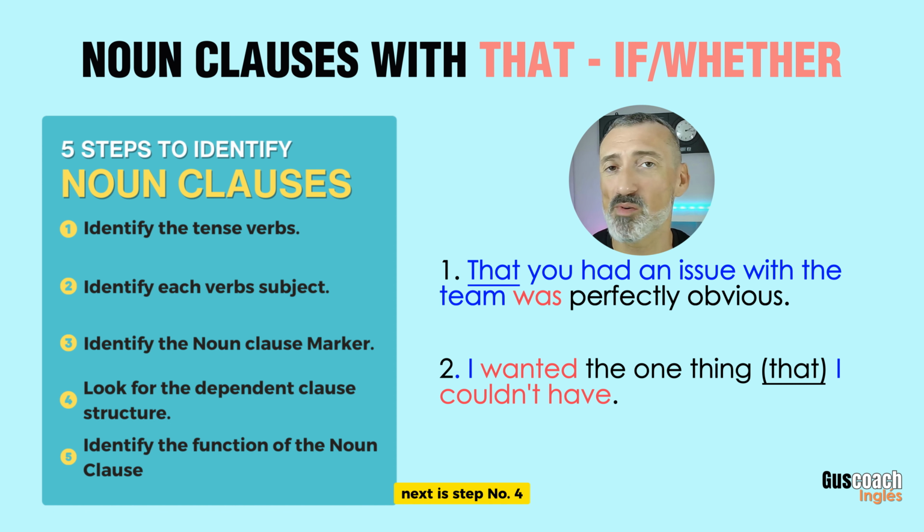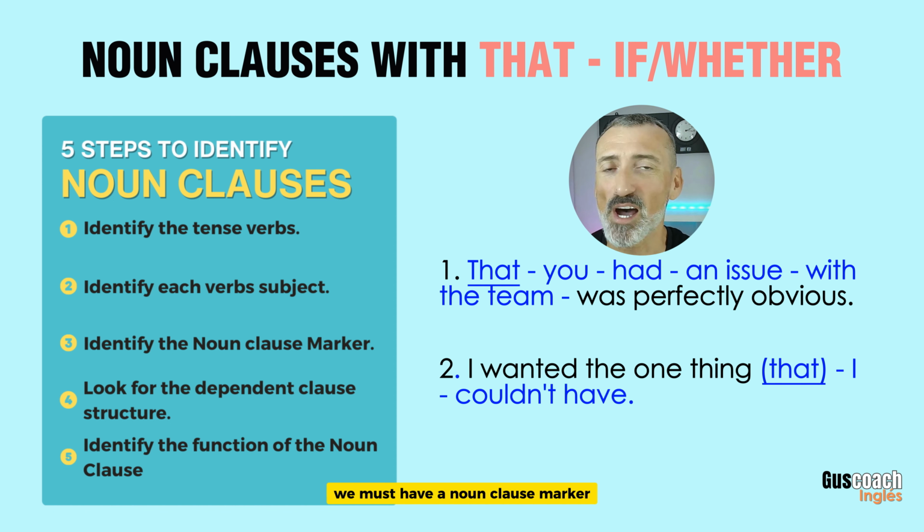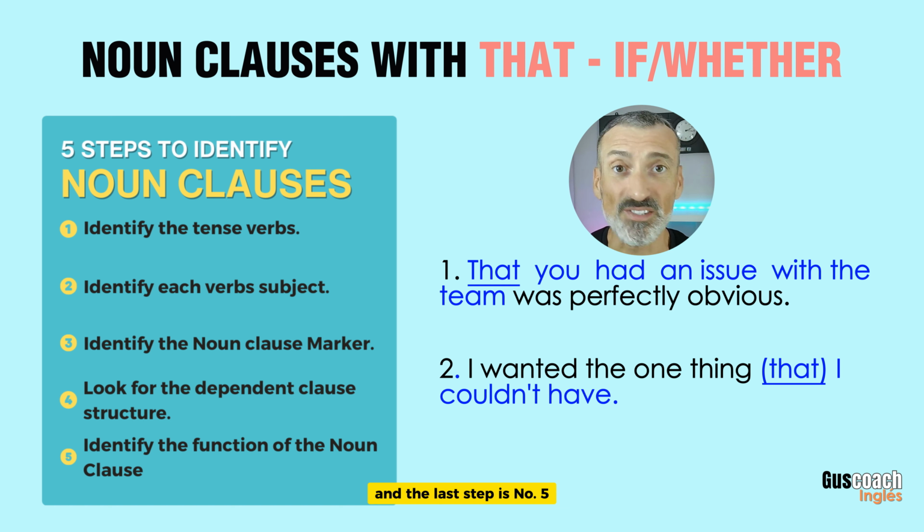Next is step number 4, which is about applying the noun clause structure. We must have a noun clause marker, a subject, a verb, an object, and perhaps other components. So is that the case? Yes, it is. And the last step is number 5, which is about identifying the function of the noun clause within that sentence.